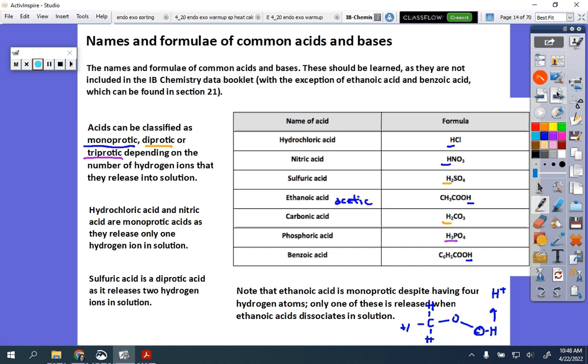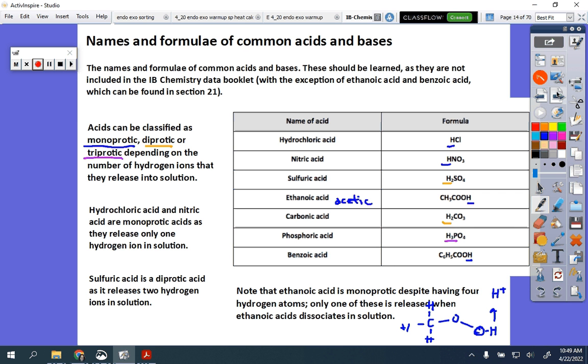So HCl, hydrochloric acid. There's also HF, hydrofluoric acid, HBr, hydrobromic acid, HI, hydroiodic acid. Those are all acids as well. We've got our nitric acid, HNO3, our sulfuric acid. Ethanoic acid, also known here in America as acetic acid, is an organic acid.